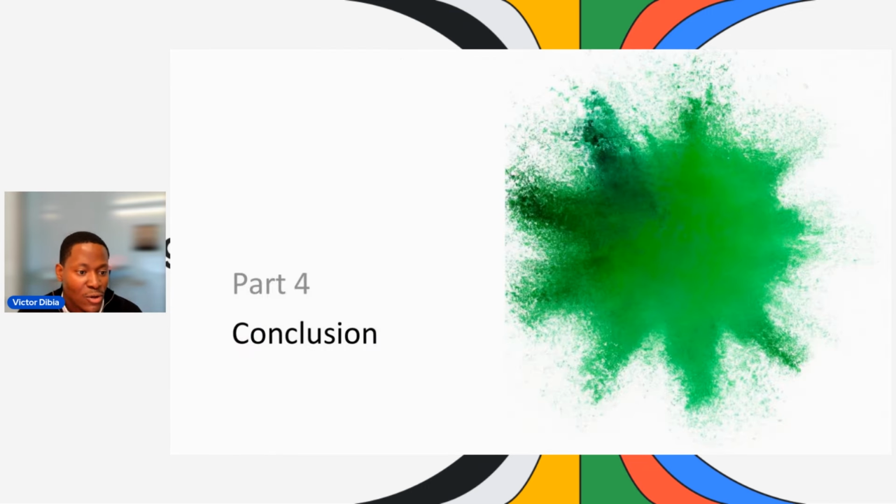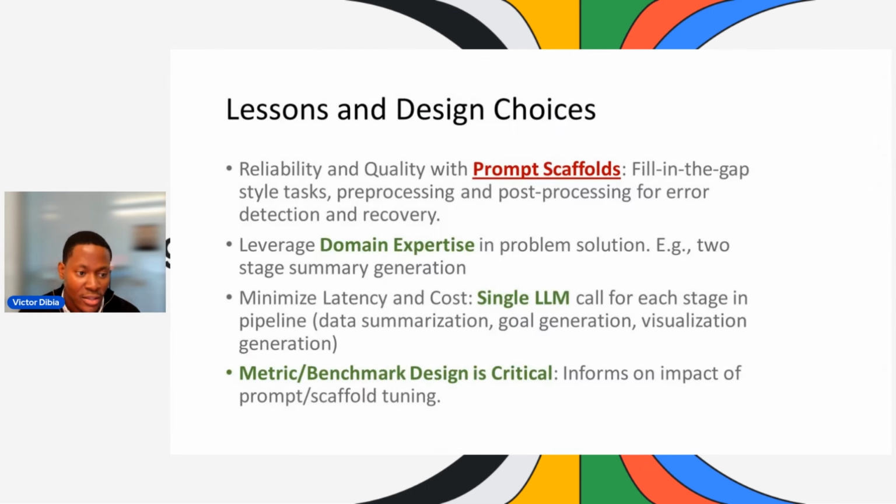Okay, so in conclusion, there are 4 high-level lessons I think are useful here. The first is, and I know that Alan hinted at some of these: if you ever have a problem where you know the structure of the solution, and that represents your domain expertise, as opposed to having the model solve all the problems, it is a great idea to separate the parts of the problem that you understand and bake that into the generation process.